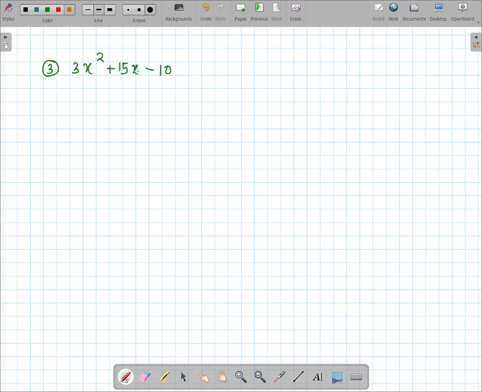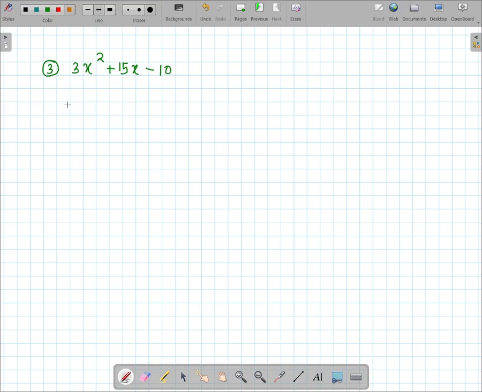Third one, 3x squared plus 15x minus 10. So we are given three terms. We have a constant, and what we have to do is consider the quadratic term and the linear term and continue. We check the quadratic term coefficient, that is 3, more than 1, then we have to take that out.